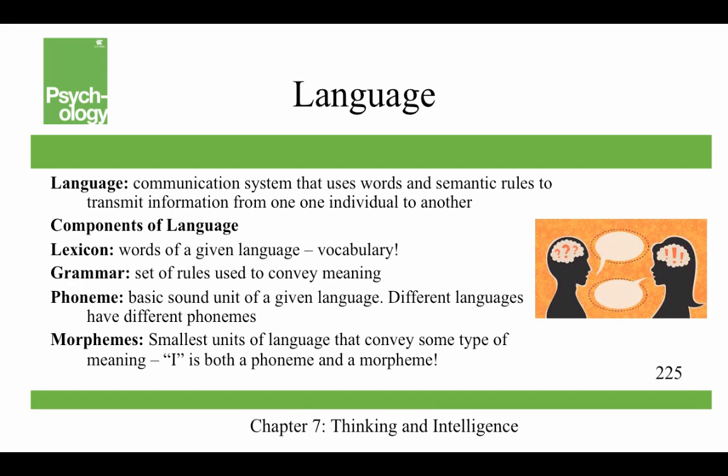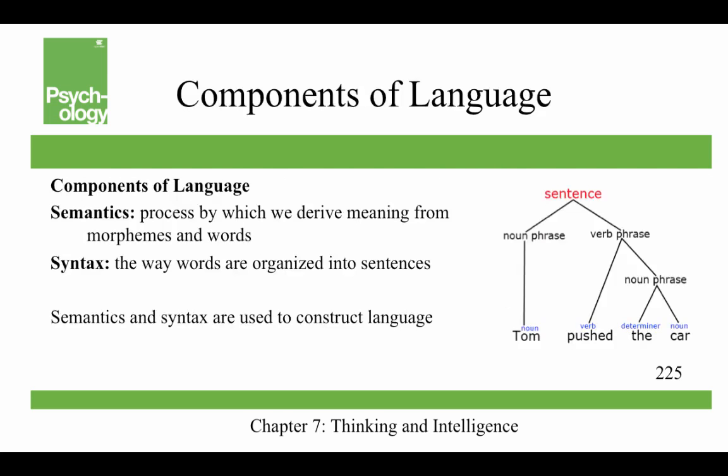A phoneme is the basic sound of a given language, and different languages have different phonemes. So English has 26 letters, but 44 different phonemes. A morpheme is the smallest unit of language that conveys some type of meaning. So I is both a phoneme and a morpheme. And let's remember, there's no I in team.